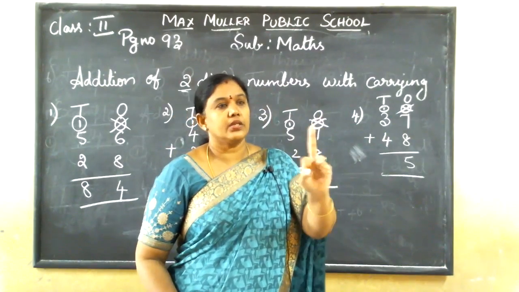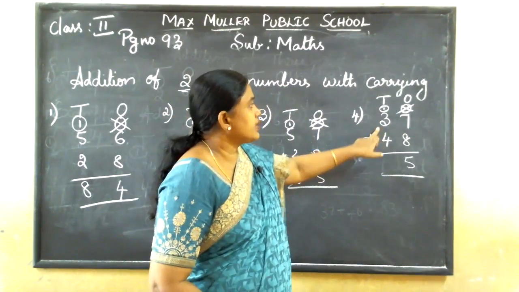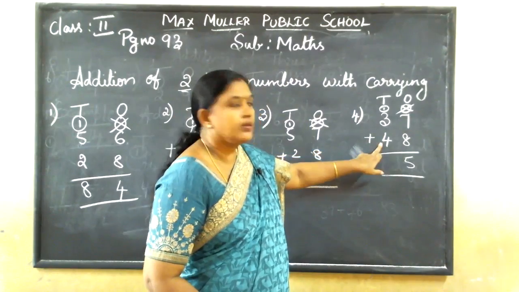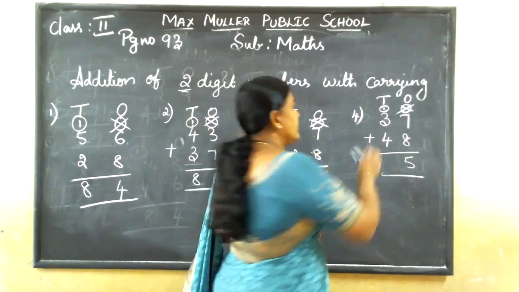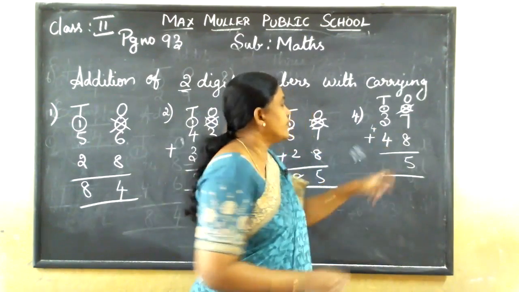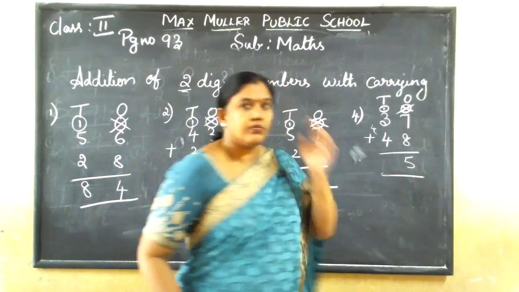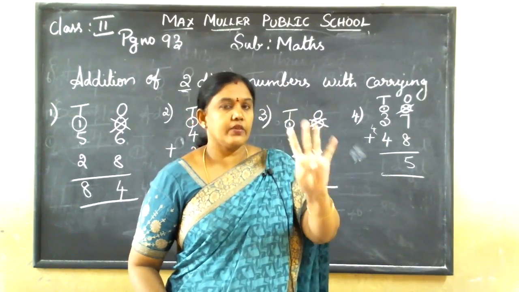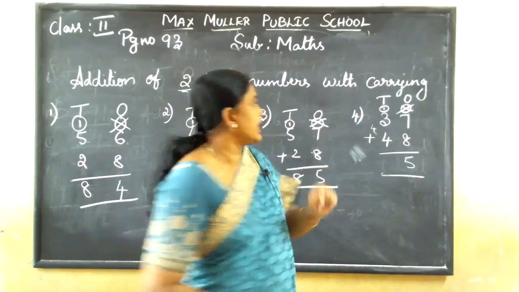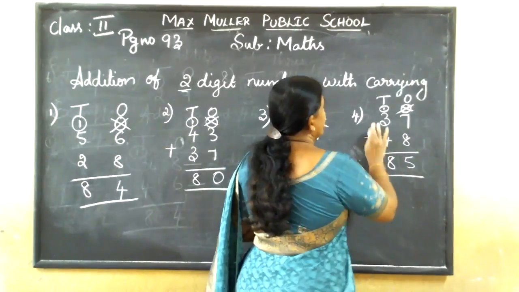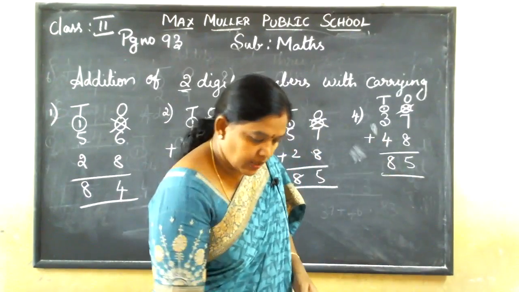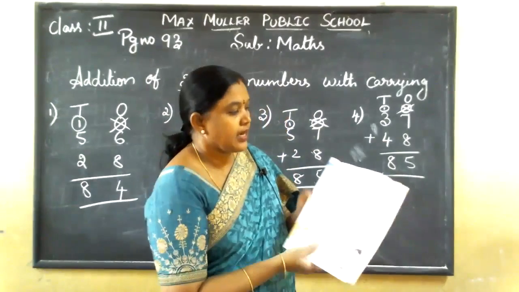After 1: 2, 3, 4. See, 1 plus 3 we get 4 now. 4 plus 4. 4 in the mind, 4 on the fingers. After 4: 5, 6, 7, 8. 85. See children, 4 sums we did in this class.